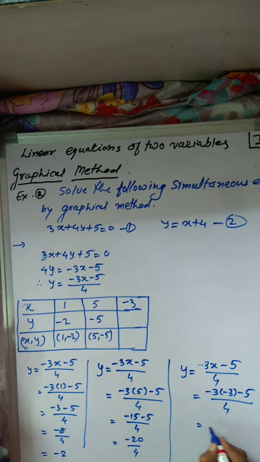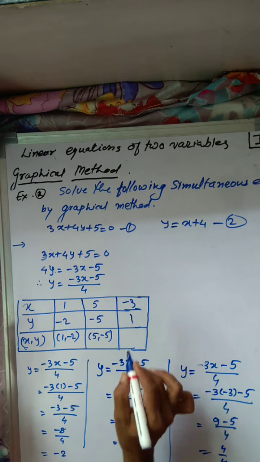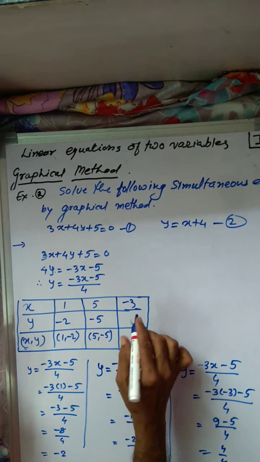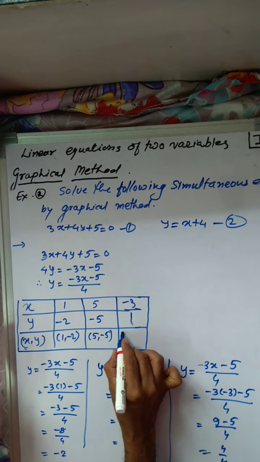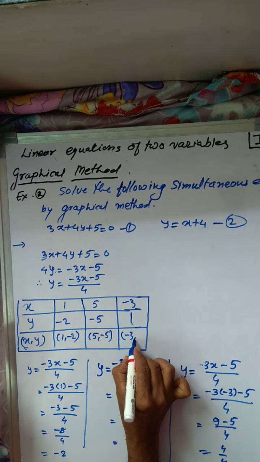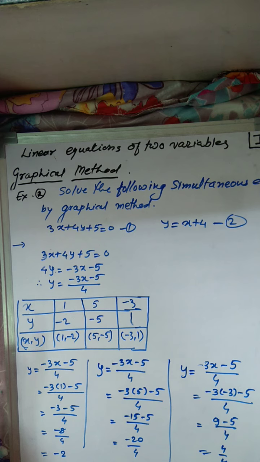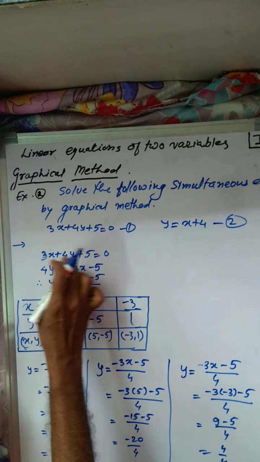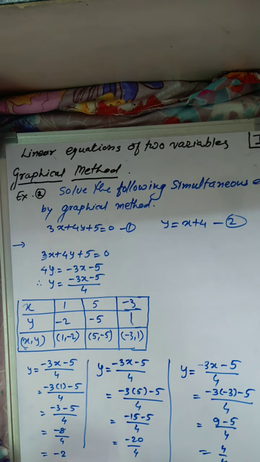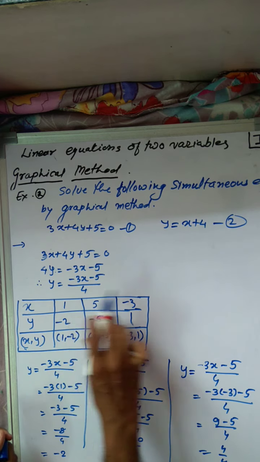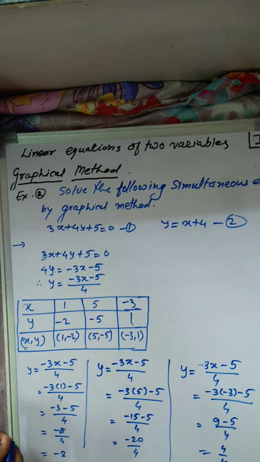Minus minus gives plus, 3 into 3 is 9, minus 5 upon 4, that means 4 upon 4, which gives 1. Hence the value of y is 1. Hence the third point is minus 3, 1. If there are coefficients of x and y, we get the points in this way.